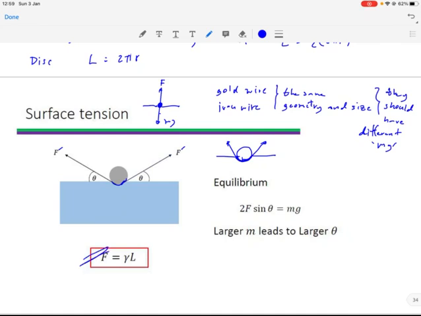Now, let's forget about this equation and try to see the balance between the forces, the reaction force that the liquid acts on the object.